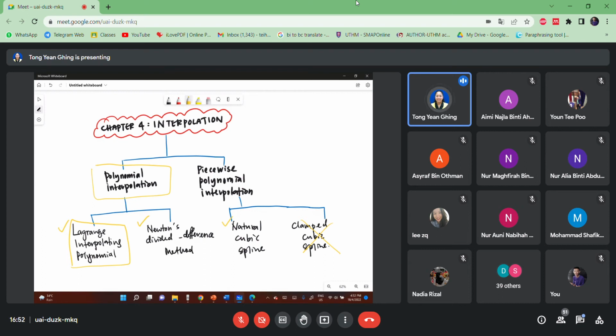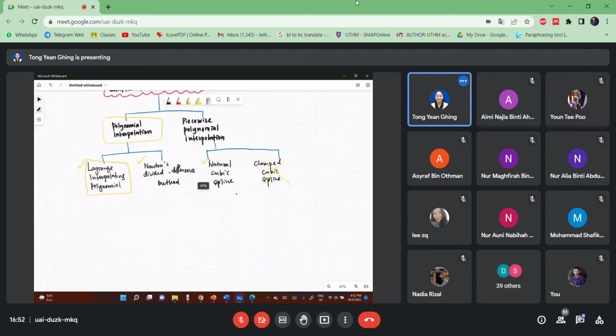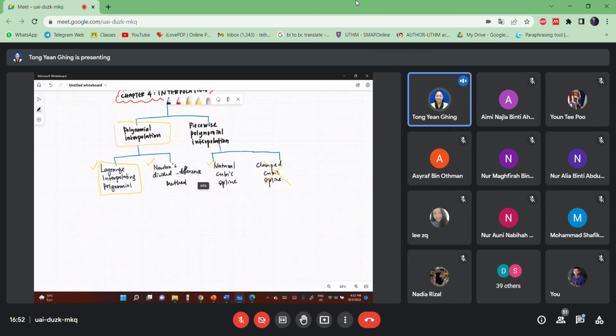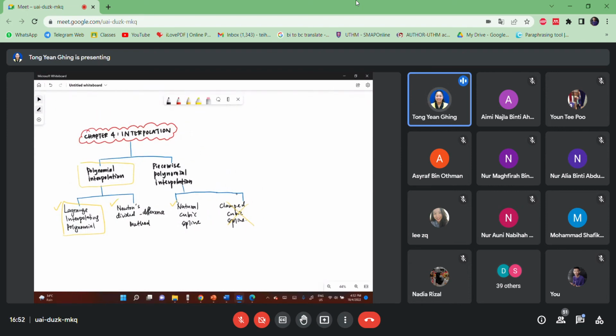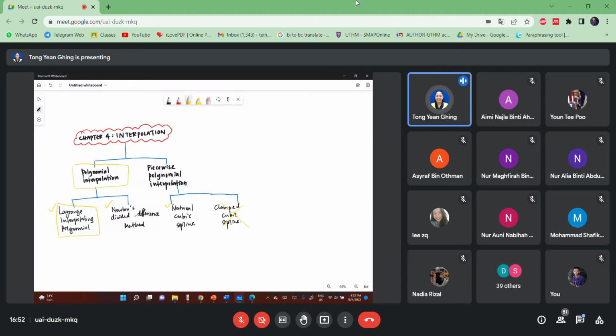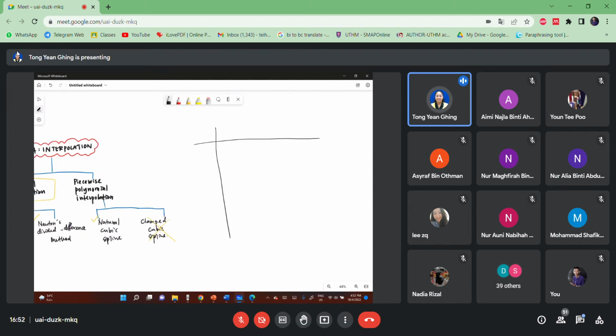So why we use interpolation, okay? Interpolation, I think you learned before, sebelum ni kan, maybe in your secondary school. For example, let's say in one table, sometimes we have x value and y value.